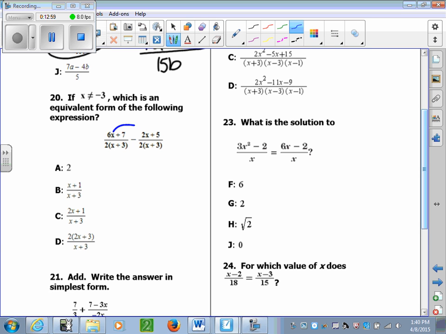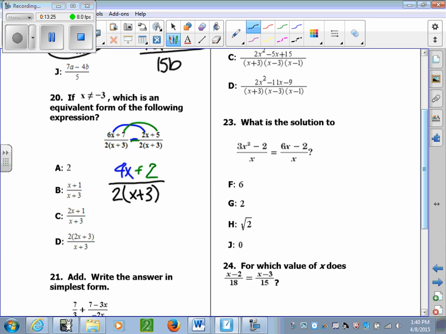So I have 6x minus, in the middle here, 2x gives me a 4x. And then I have a 7, again minus in the middle, so minus 5. 7 minus 5 gives me a positive 2. And then I just write down my denominator, which already matched. I didn't have to do anything, so 2 times x plus 3.